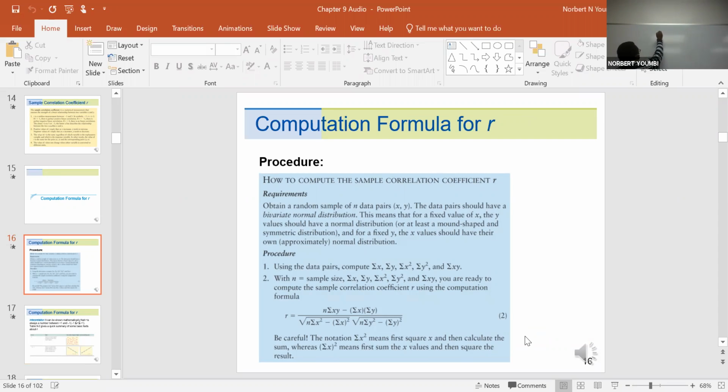R equals N times the sum of X times Y, minus the sum of X times the sum of Y, divided by the square root of N times the sum of X squared minus the sum of X, squared, times N times the sum of Y squared minus the sum of Y, squared.